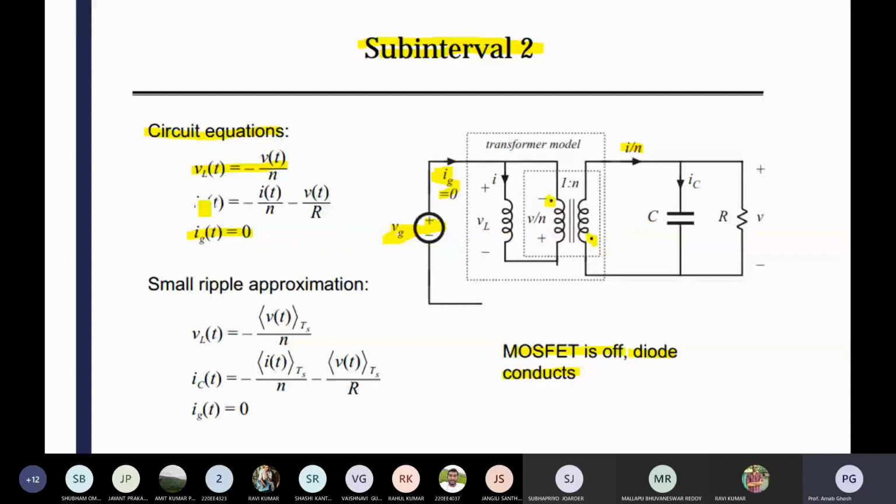And iC equals minus iT by n minus v by R. So iN equals iC plus i0, you can go from this convention. So iC equals minus iT by n minus v by R, and iG is your input current. The small ripple approximation is there. After that you average all those circuit equations, and finally see what you get. That is our main agenda.